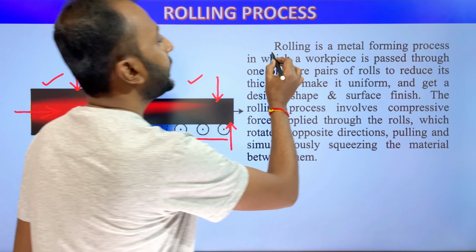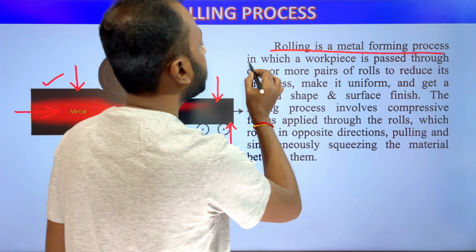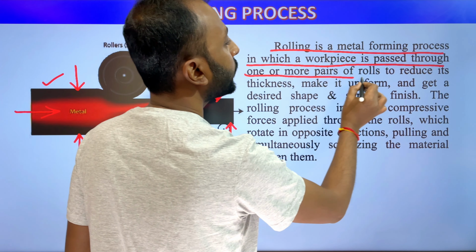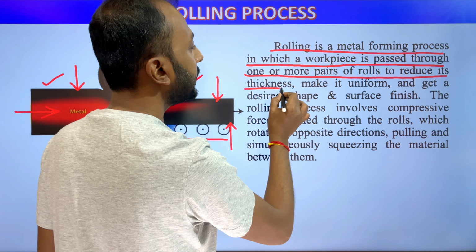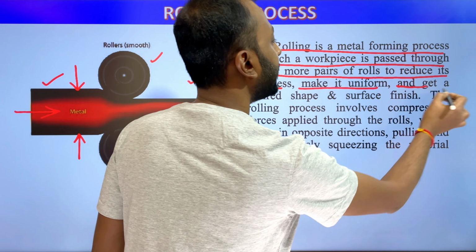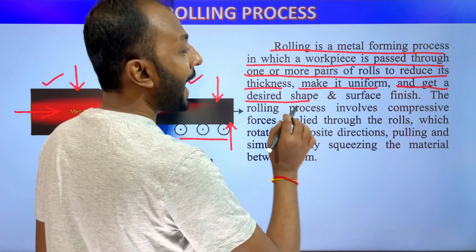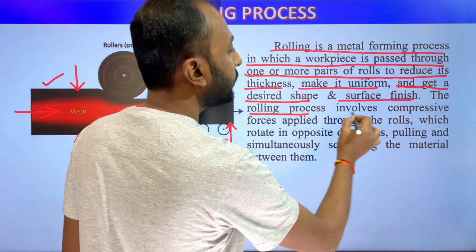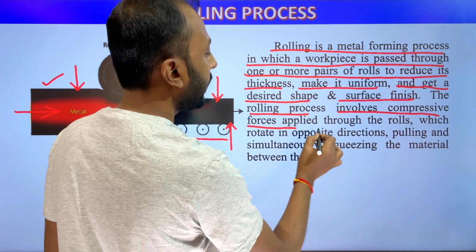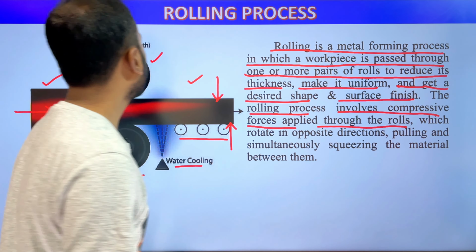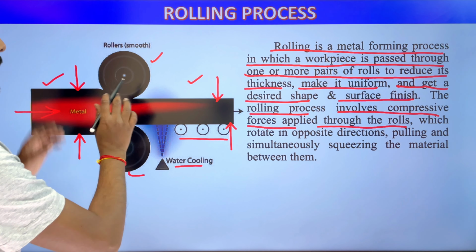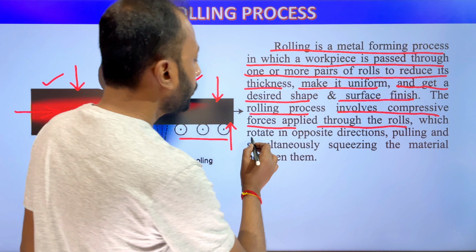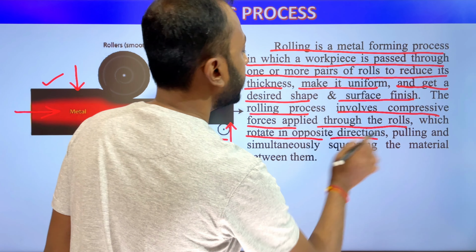So rolling is a metal forming process in which a workpiece is passed through one or more pairs of rolls to reduce its thickness, make it uniform and get a desired shape and surface finish. The rolling process involves compressive forces applied through the rolls. Here the two rolls are applying compressive force on the raw metal, rotating in opposite directions.